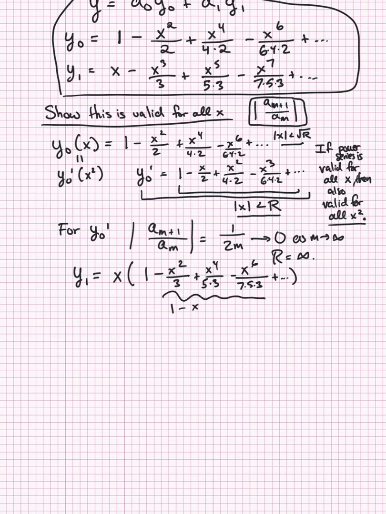It's 1 minus x over 3, but you're plugging in x squared into this. Again, the ratio test will imply that the ratio will go to 0, so it's valid for all x. And then since this is valid for all x, if I plug in the square, it's valid for all x. And if I multiply by x, it's valid for all x. Okay, and finally, we want to find a unique solution.